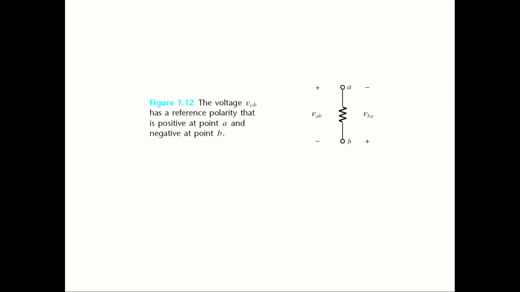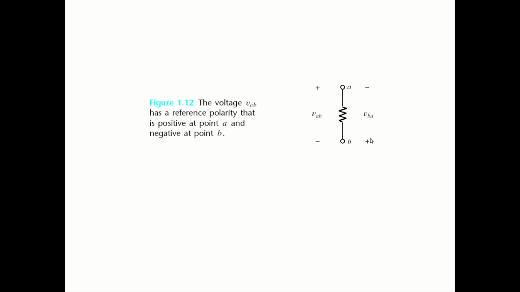So for example, the voltage that comes across this resistance, you have VA from A to B, the plus here to the minus here, or V from B to A, from plus to minus.